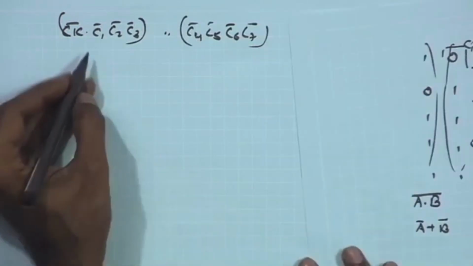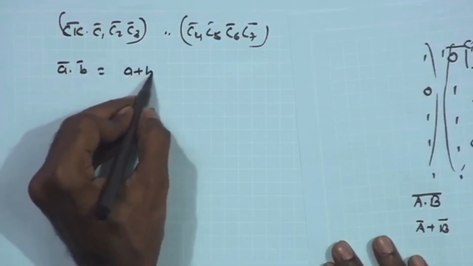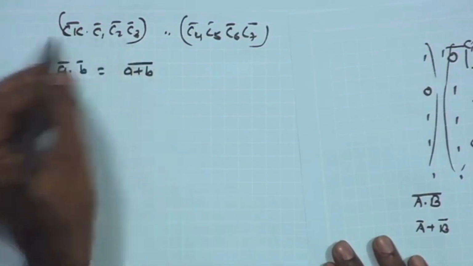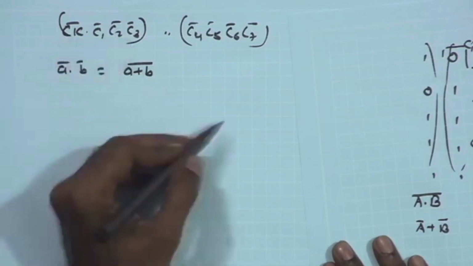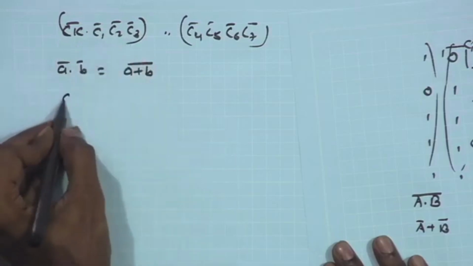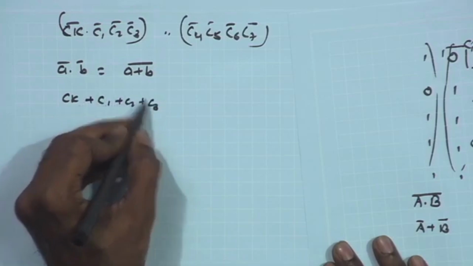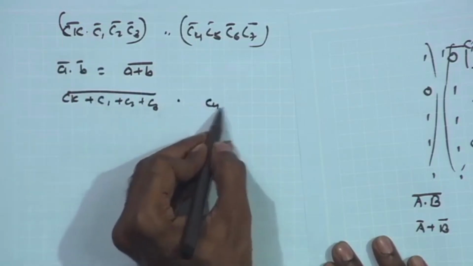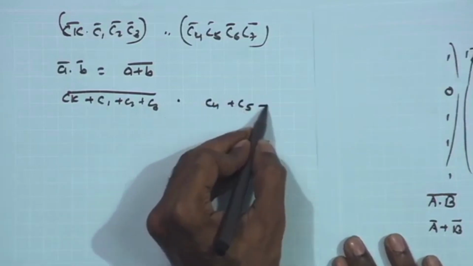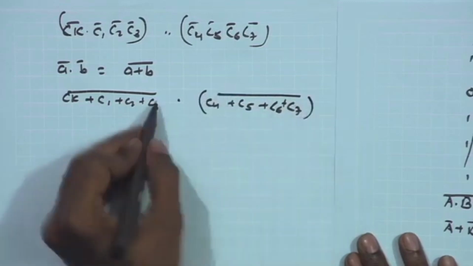And if I look at A bar, B bar, we know that this is nothing but A plus B bar. So, I can extend it to a larger number of inputs also. Therefore, this can also be implemented as a NOR gate. So, I can just have CK plus C1 plus C2 plus C3 NOR given as this combination, and then it is ANDed with C4 plus C5 plus C6 plus C7 NOR, and then again you have the NOR of these two.